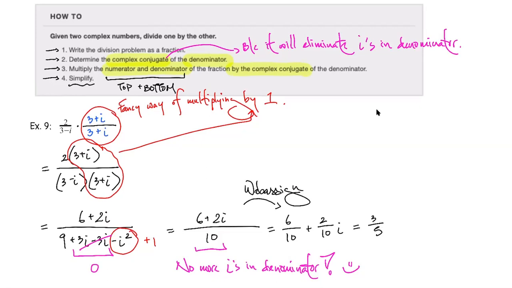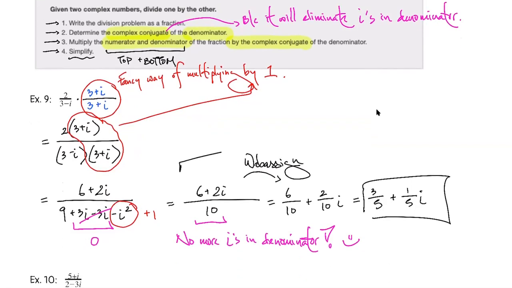We reduce our fractions, plus 1/5 i. Okay, this is my guess for what WebAssign would want, but any of these three on the bottom for me on a test or quiz are all okay.